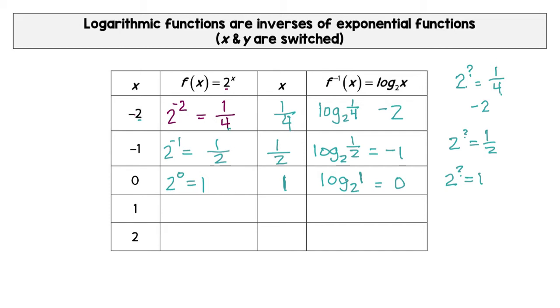So again, 0, 1, or the ordered pair 1, 0. Then we have 2 to the first, which is 2, and then we would plug in 2. And so we would have log base 2 of 2. So 2 to what power is 2? And I believe that would be a 1.